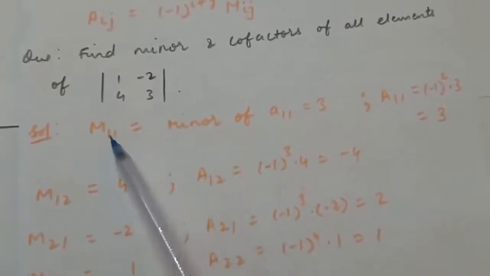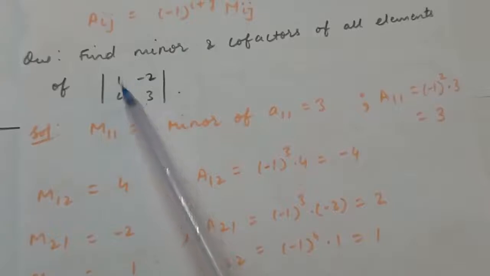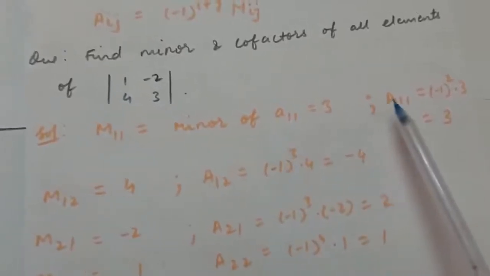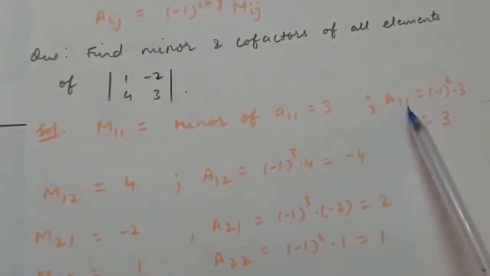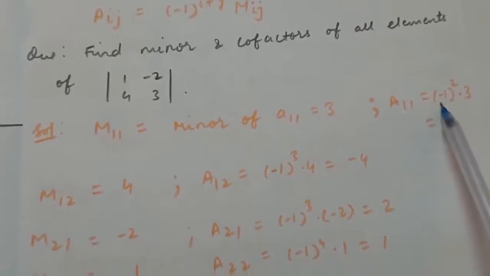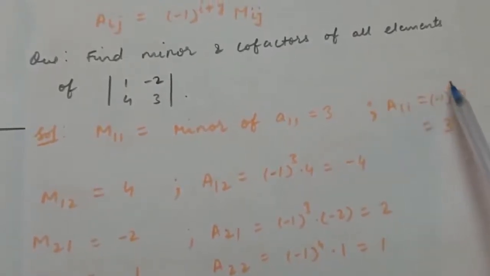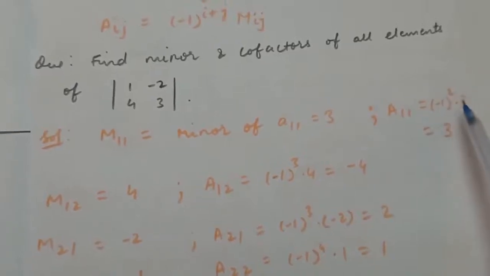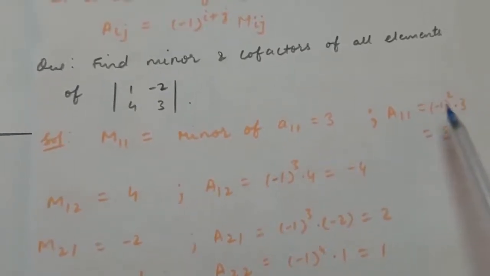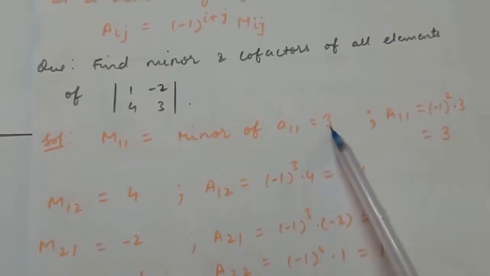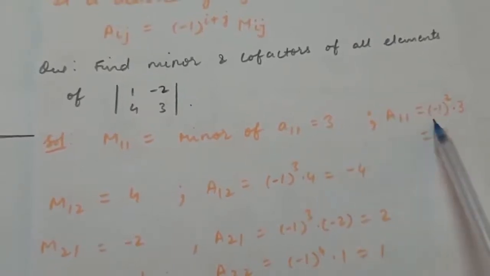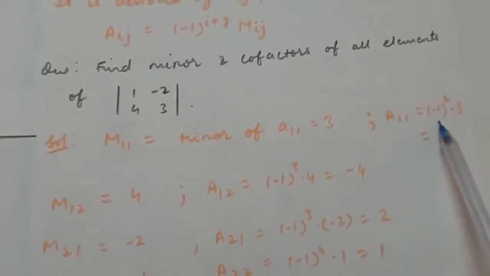Now the cofactor of this first element 1. Cofactor of A11 will be capital A11, which is equal to minus 1 raised to the power 1 plus 1. So minus 1 raised to the power 2 into the minor of this element A11, and the minor of A11 is 3. So this is minus 1 squared, which is 1, into 3.